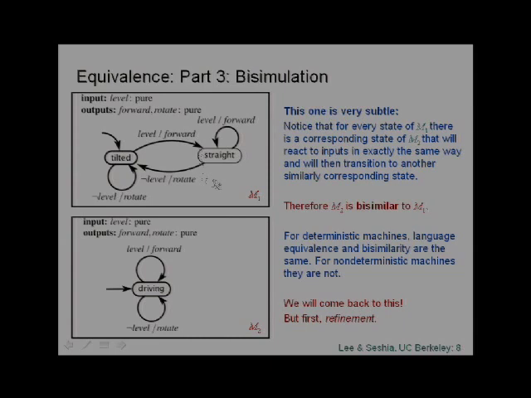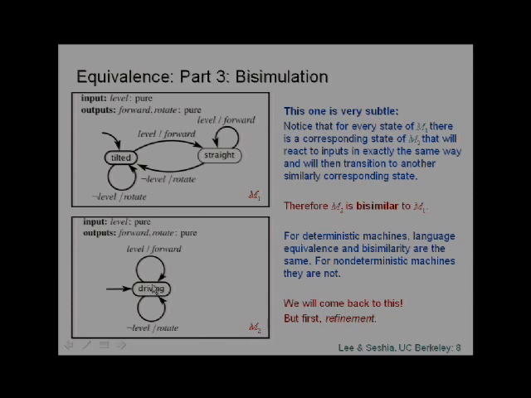In this case, there's only one state, the driving state, such that no matter what input you get when you're in the tilted state, the outputs will be exactly the same as when you're in the driving state. So if you're in the tilted state and you get the input level, you generate output forward, which is exactly the same thing as you do in the driving state. And if you're in the state tilted and you get the input level is absent, then the output is rotate, and it's the same as in the driving state.